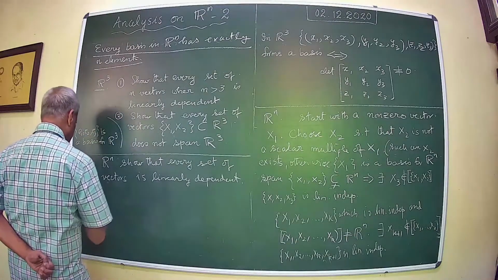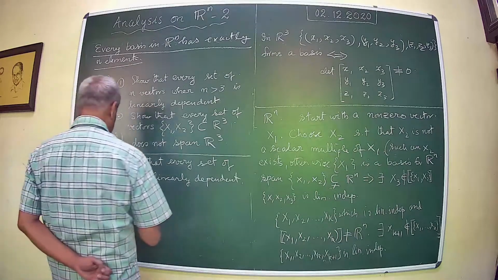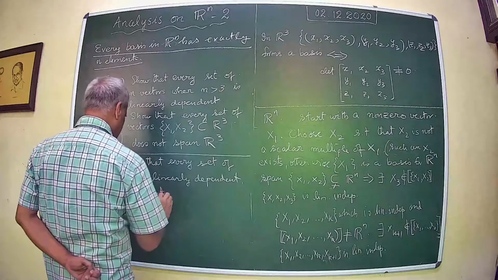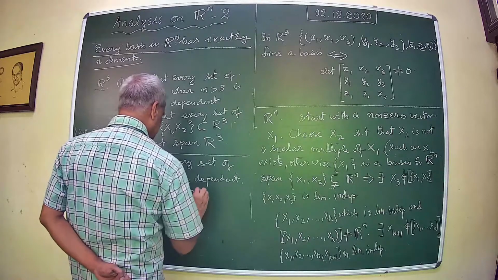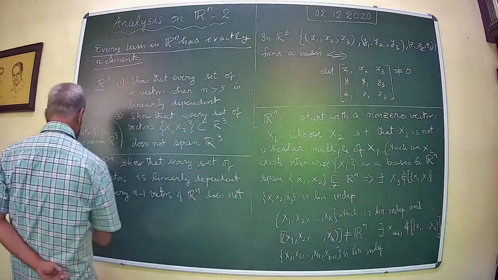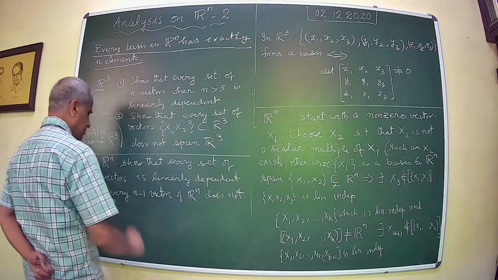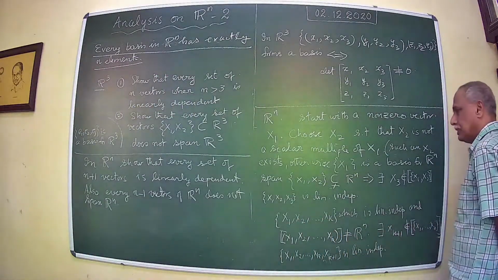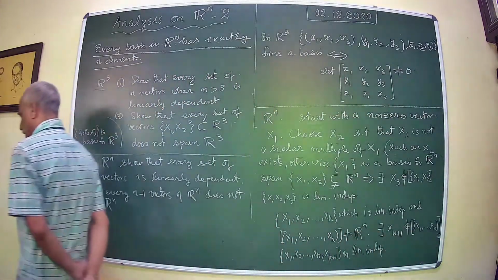Also, every n minus 1 vectors of Rn do not span Rn, so no subset having less than n elements can span the whole space.